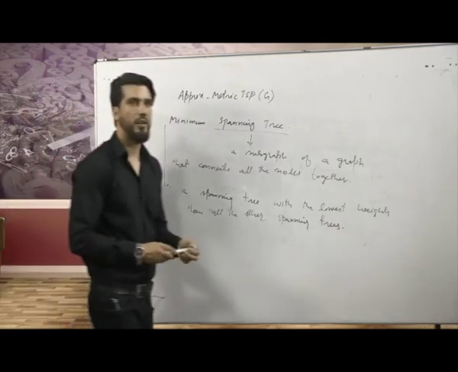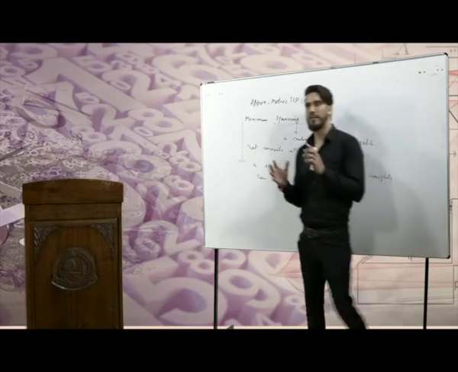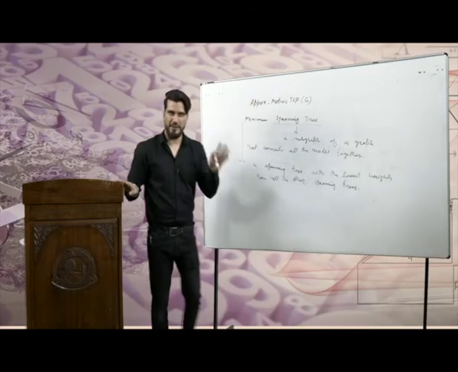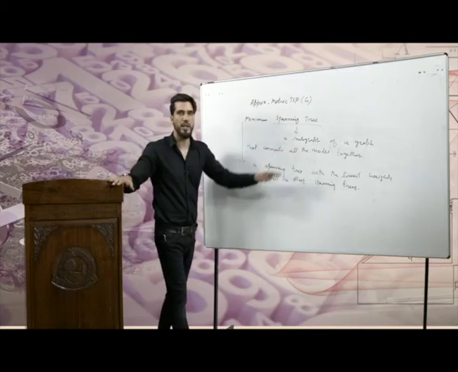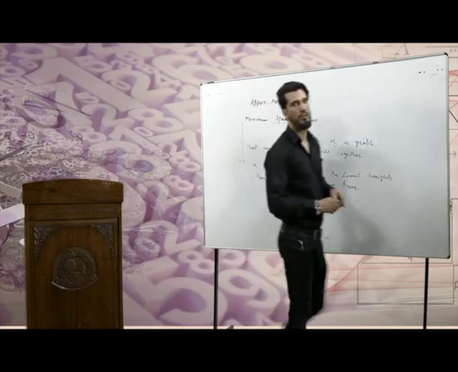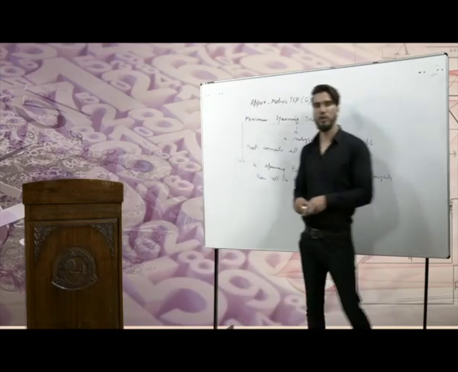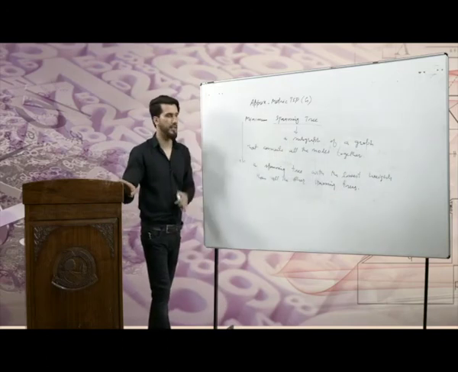A graph can have multiple spanning trees. A graph can consist of many subgraphs that connect all the nodes together. But we have to find a spanning tree with the lowest possible weights on the edges, and that's known as the minimum spanning tree.